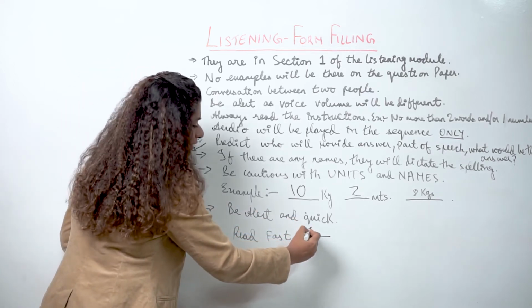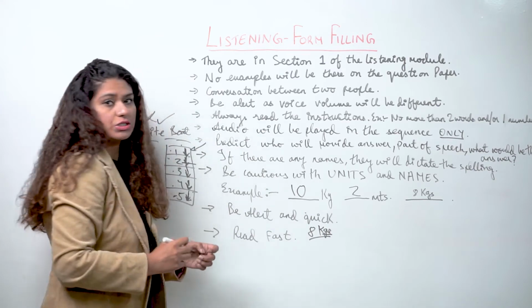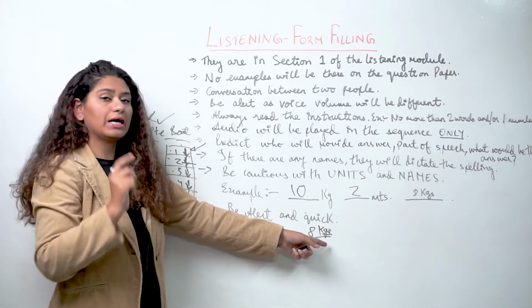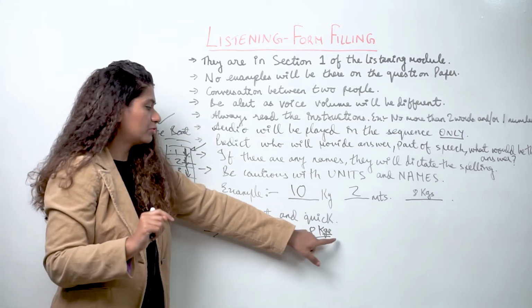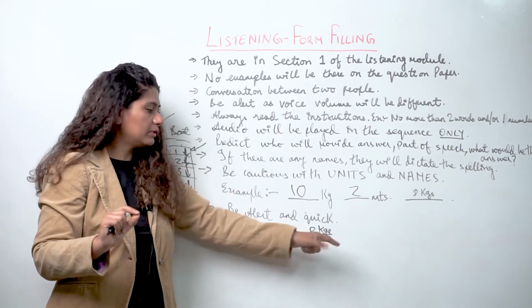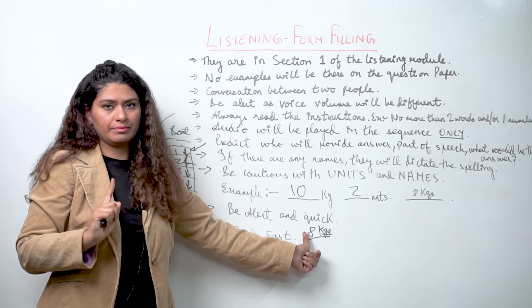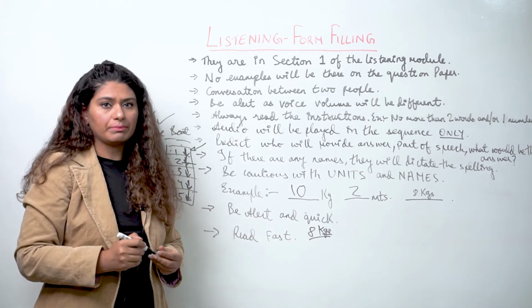You will be writing here 8 kilograms. You can use the short form kgs. So that is going to be the answer. But if kilograms is already mentioned as a unit in the question paper, then you will end up writing only the number 8. So you need to be very careful about this.